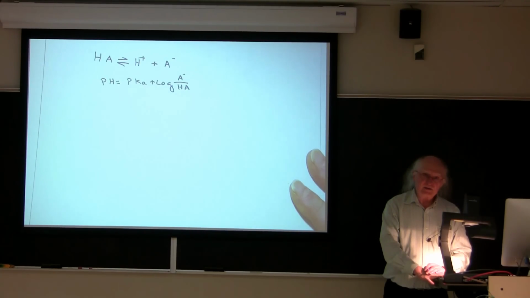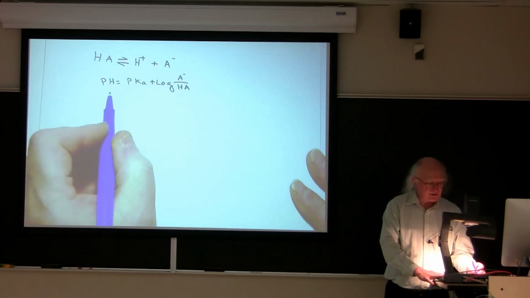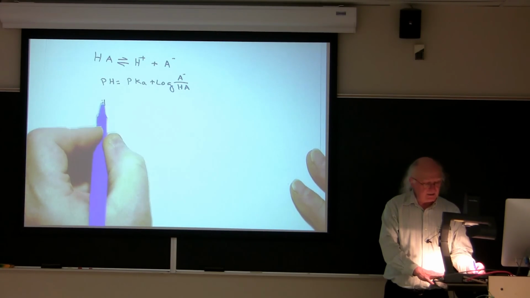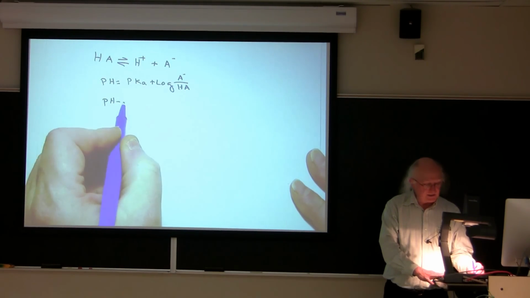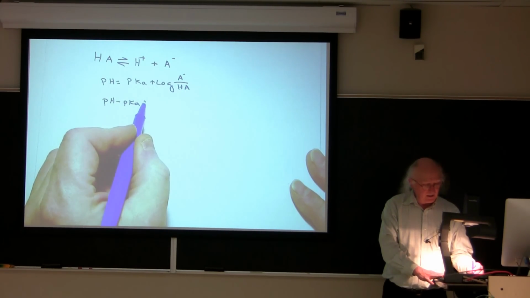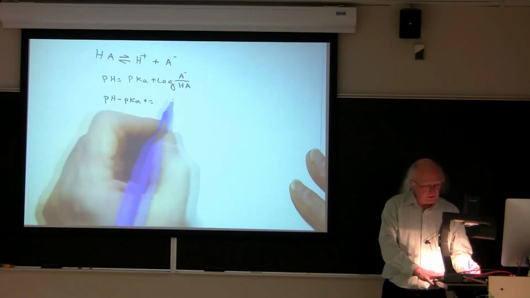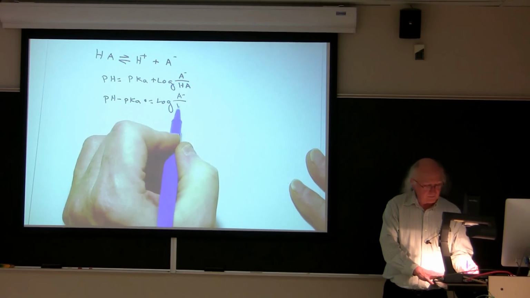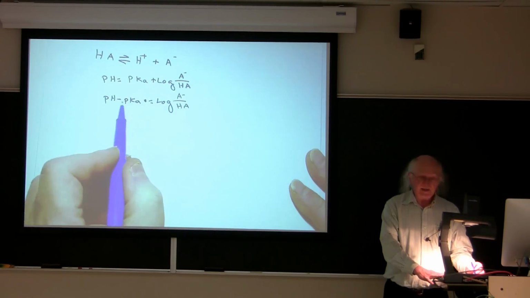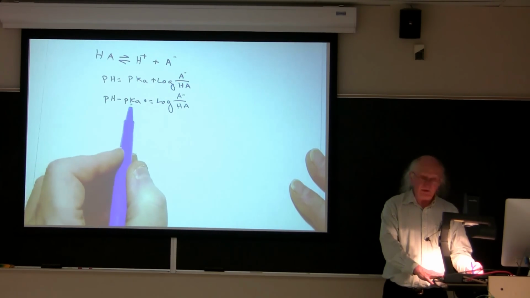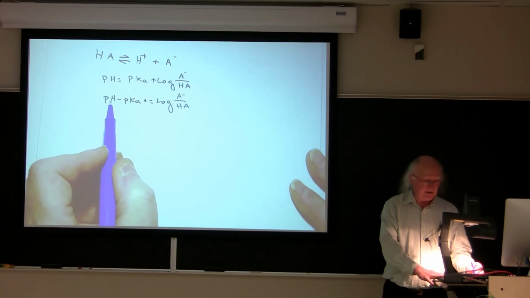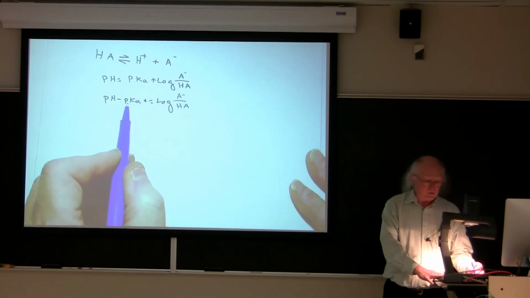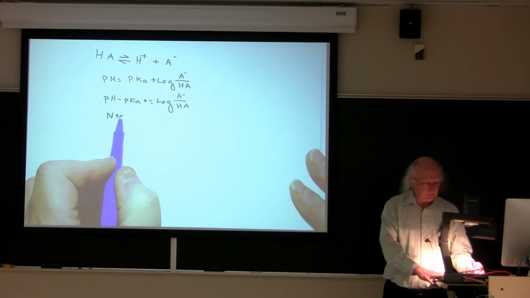Well, the best way to give this problem would be to actually give it numbers, but for the moment I won't do that. I'll just say, let's bring pKa to the other side: pH minus pKa equals the log of A minus all over HA. And since I said that the pH is below the pKa, that means the pH is less than the pKa. So if I take a smaller number and subtract a bigger number, I'm going to get a negative number.